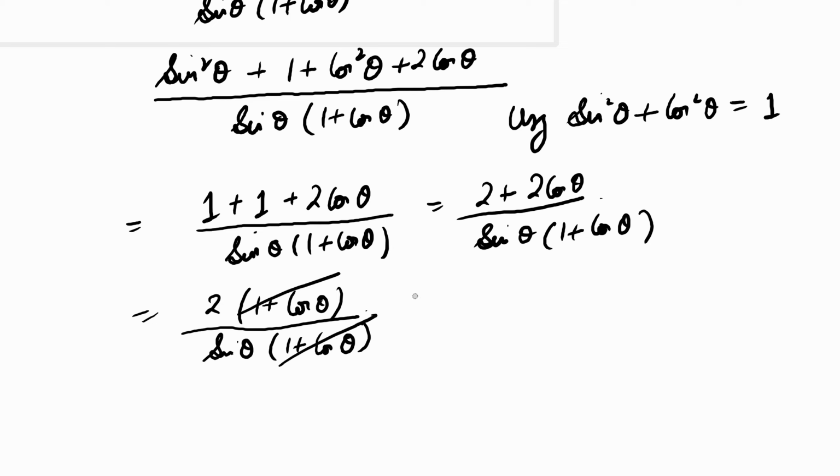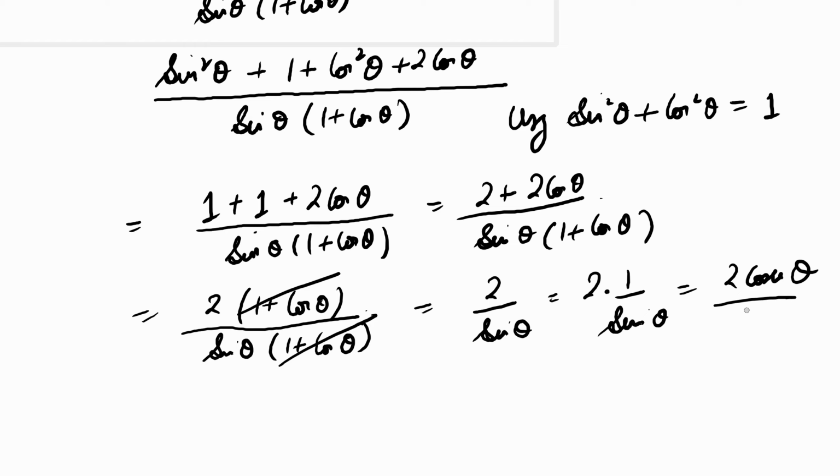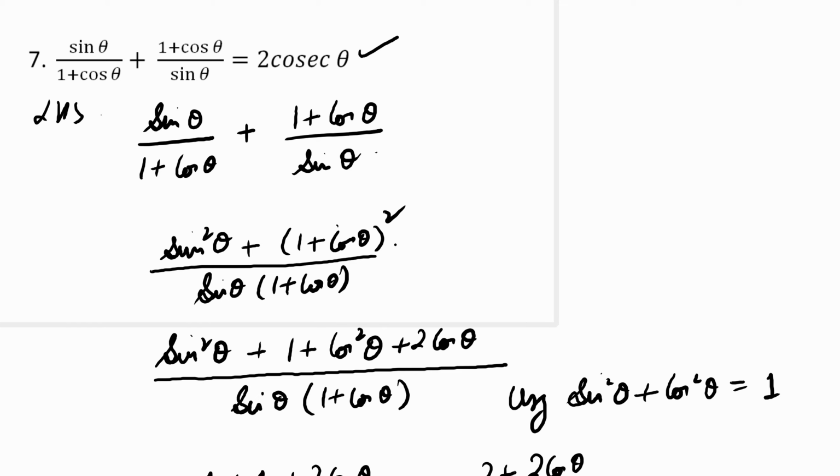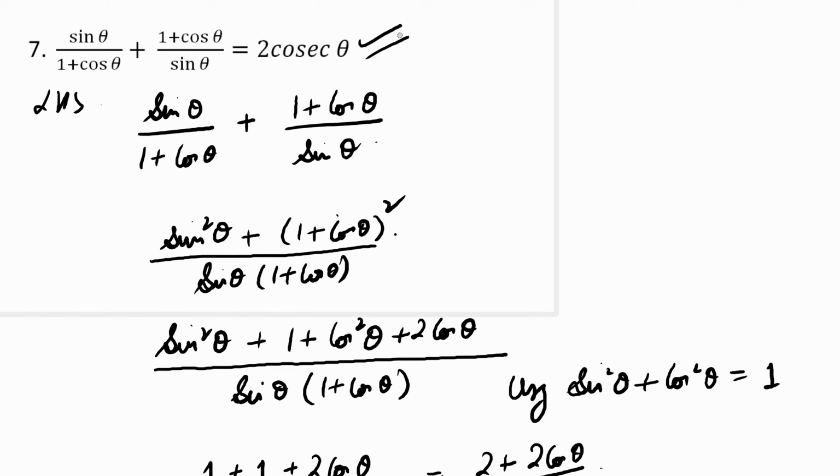So this will cancel out, and we can write 2 upon sin theta, or we can write 2 into 1 upon sin theta. What is 1 upon sin theta? It is 2 cosec theta, and this is the required right hand side. Student, I hope you are getting everything.